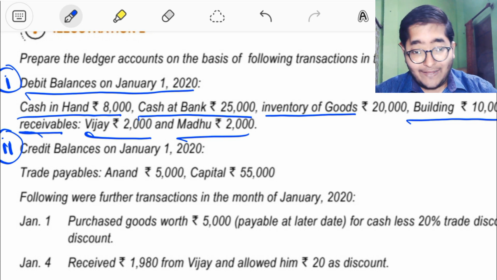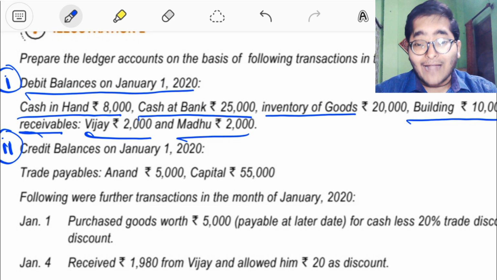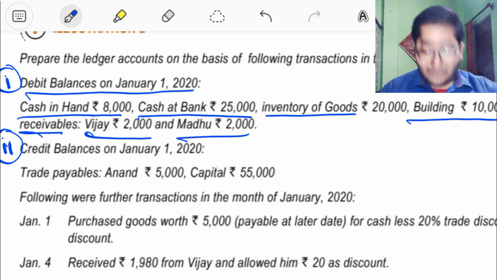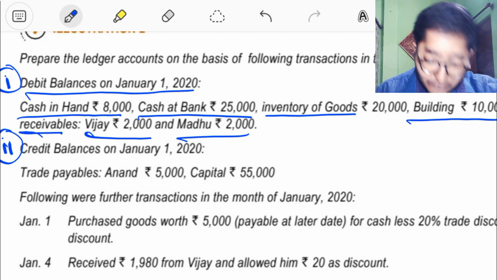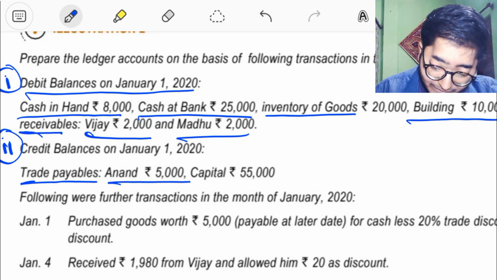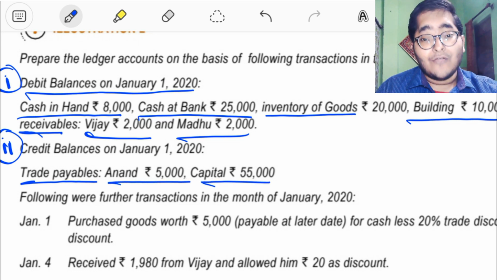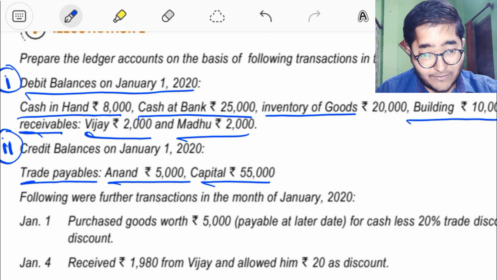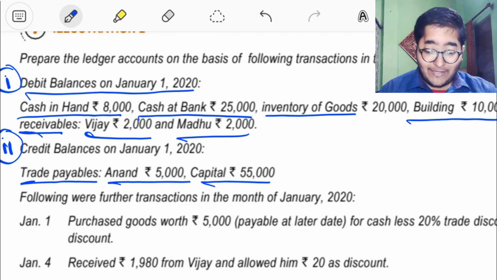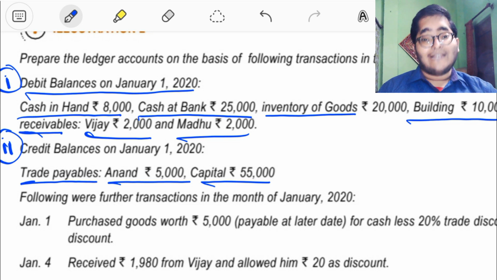Assets carry debit balance and all liabilities or obligations carry credit balances. So, the credit balances as on the opening date are the trade payables Anant rupees 5,000 and capital rupees 55,000. What is the capital? Capital is the money that is introduced by the owner of the business.